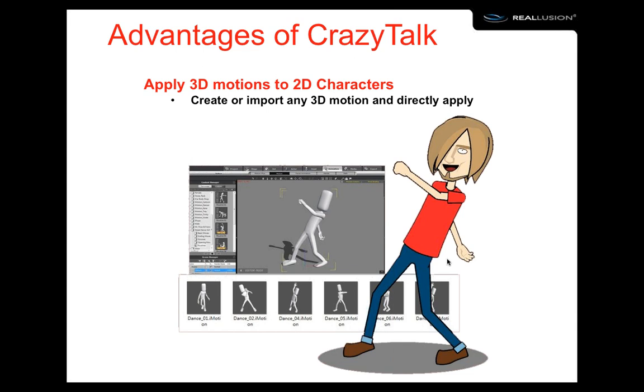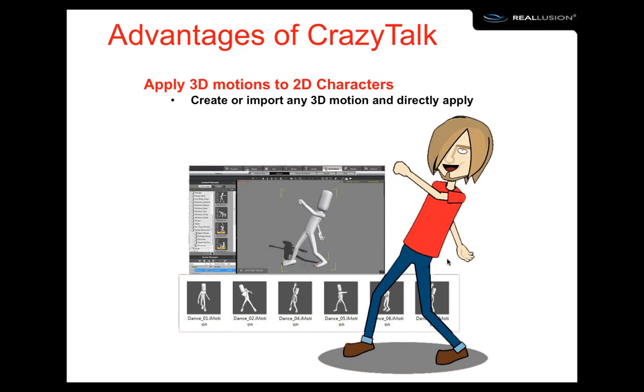Likewise, if you have created your own 3D animations via a motion capturing tool, let's say you went to a studio or you purchased a 3D motion from an external community like Daz 3D or something, you can bring that file as a BVH file, which is very, very common in the industry, or you can bring it as an FBX file.